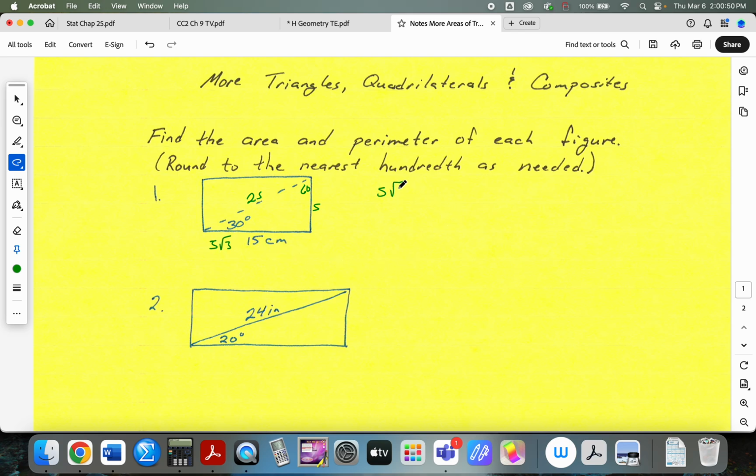So S square root of 3 is equal to 15. We'll divide both sides by the square root of 3, and then rationalize the denominator. So it's 15 square roots of 3 over 3, which is 5 square roots of 3.